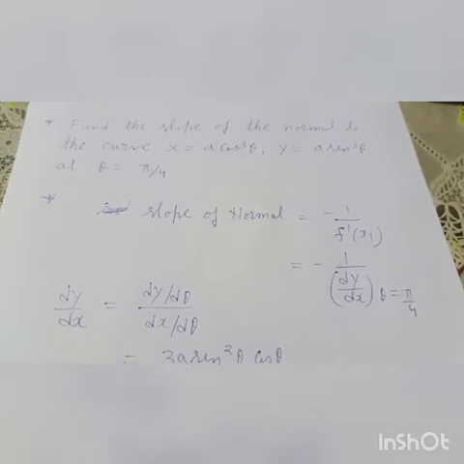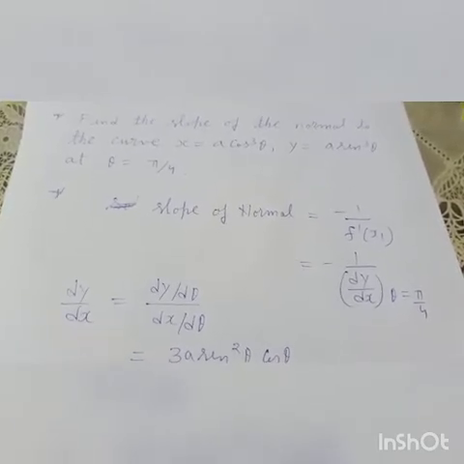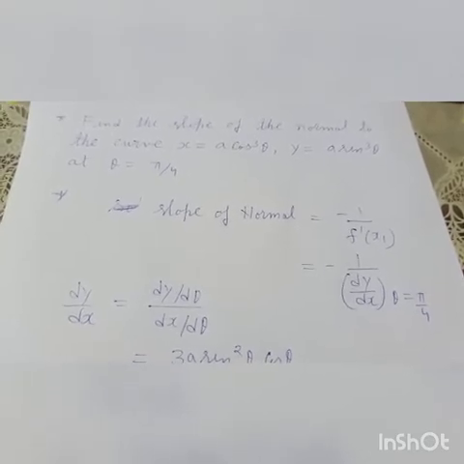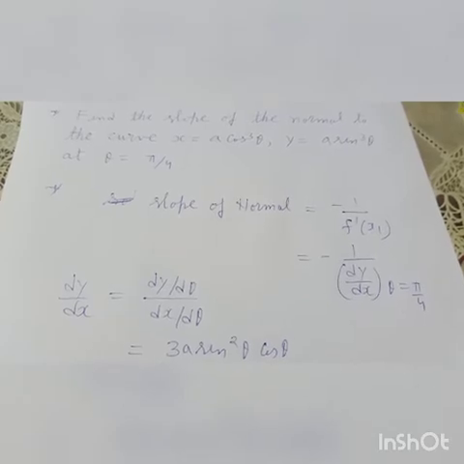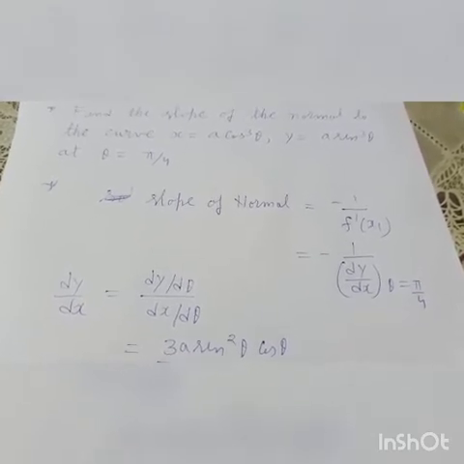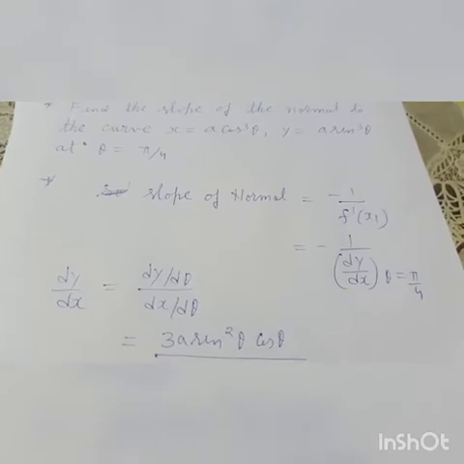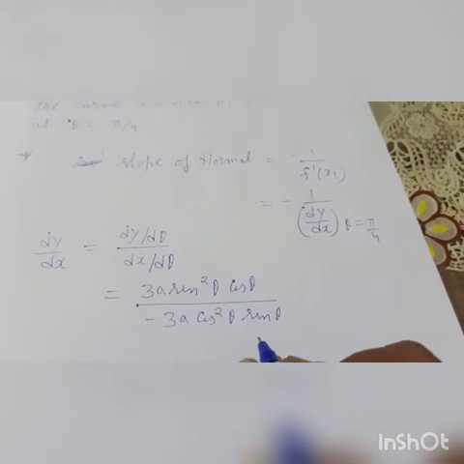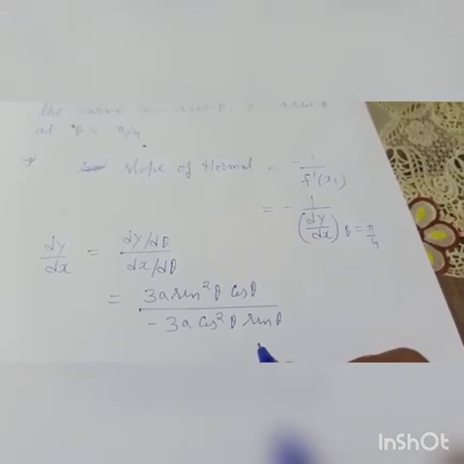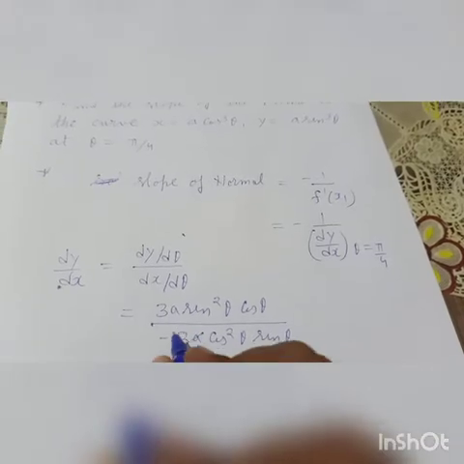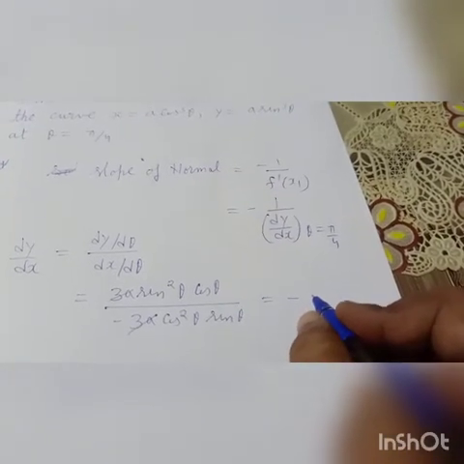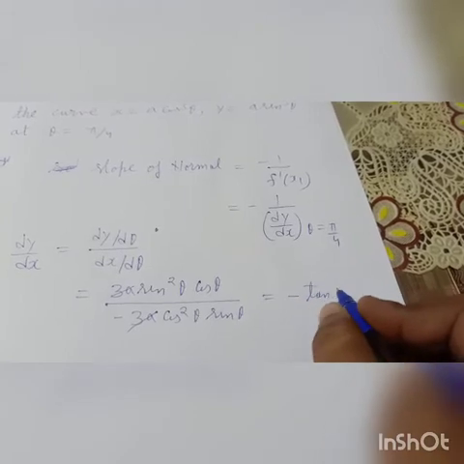Then the value of x is a cos cube theta, so dx by d theta equals 3a cos square theta, and the derivative of cos is minus sin theta, so we have minus sin theta. So this is the value of dy by dx in terms of theta. Now we simplify it: 3a cancels with 3a, and sin by cos comes out as minus tan theta.